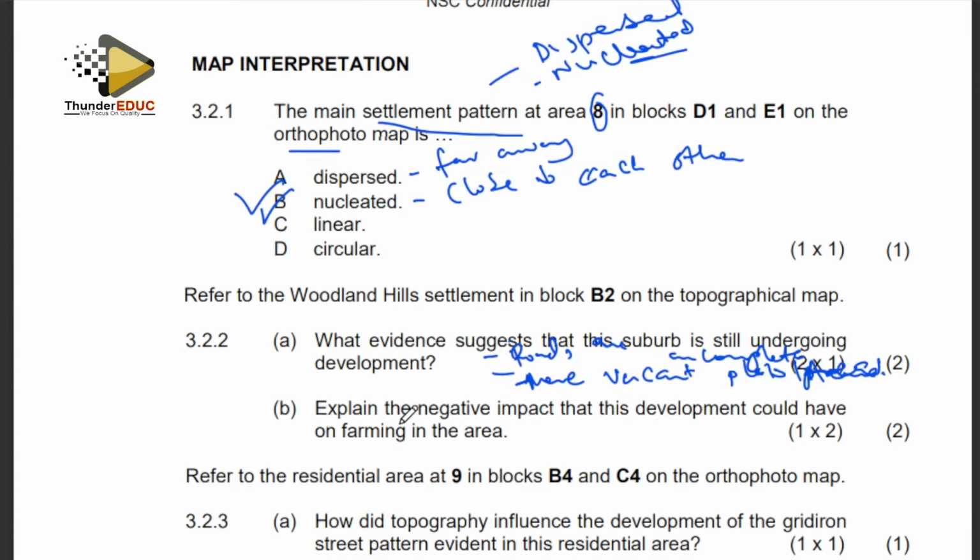Altogether, explain the negative impact this development could have on the farming activity. Just know that if this development continues, what will happen? Agricultural farming land will decrease because construction will take the area away, and that means people will not have area to do their farming.